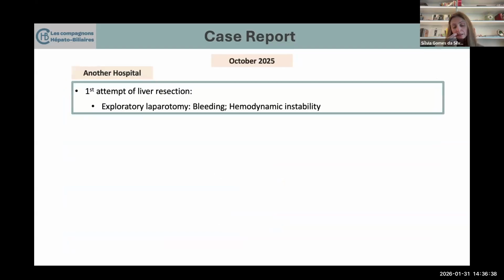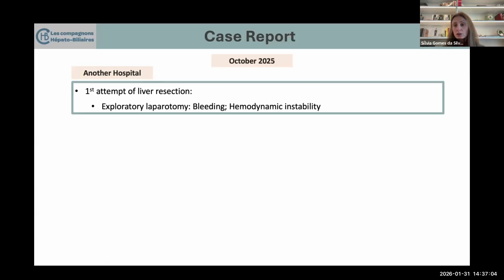Unfortunately, at the other hospital, they proposed resection because of the symptoms. They performed a first attempt at liver resection, but they couldn't resect because of the congestion of the liver, a lot of bleeding, and hemodynamic instability.